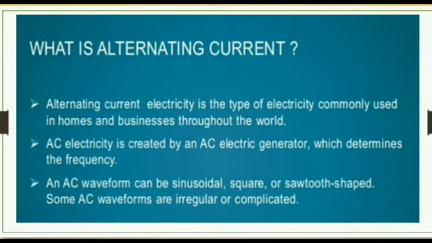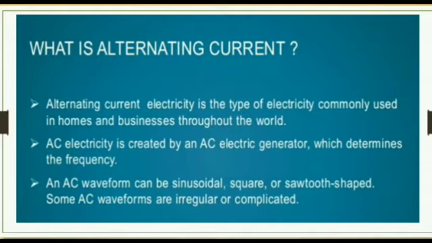Next, the last point: an AC waveform can be sinusoidal, square, or sawtooth shaped. What is sinusoidal? Sinusoidal is nothing but the sine wave function. That is sine waves, and also square waves.